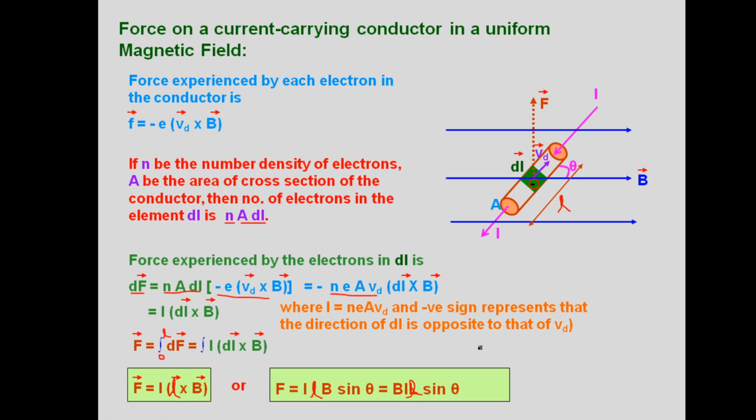If the angle theta between length and magnetic field is 90 degree, then we know that theta 90 will produce sin 90 as 1, and hence the force expression will be the simple form, which can be written as BIL.